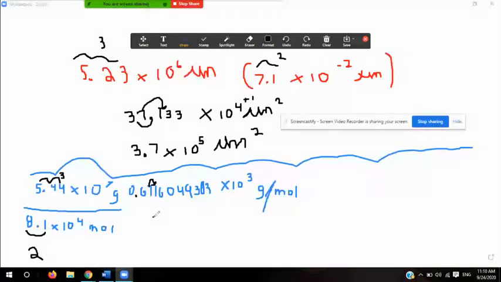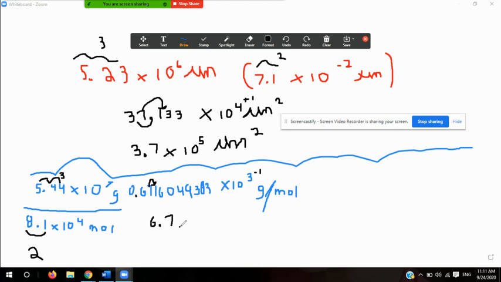And what you're going to have is 6.7. Now notice that when I moved my decimal place in the previous example from right to left, I added 1 to the exponent, and that gave me 10 to the power of 5. In this case, I'm moving from left to right, so I subtract 1. You subtract 3 minus 1, and that's going to be 2.